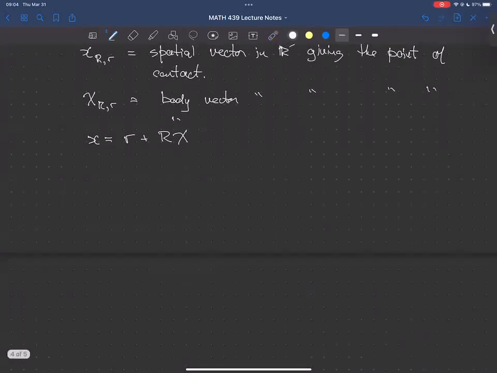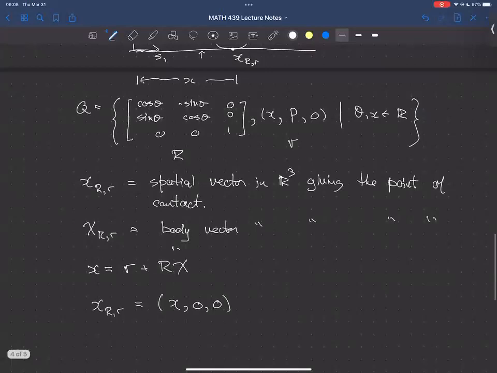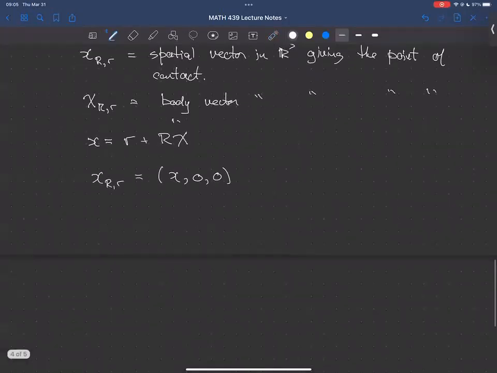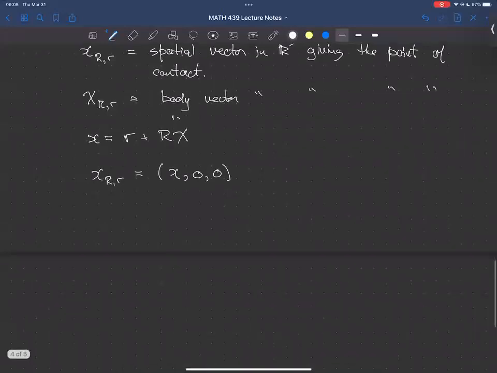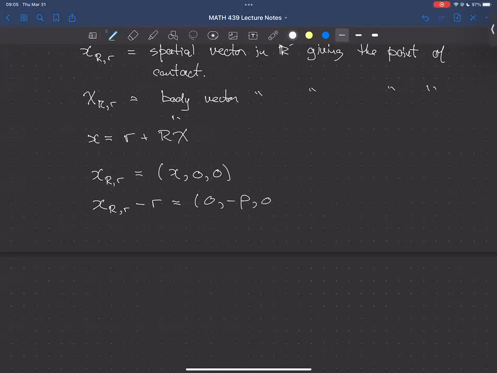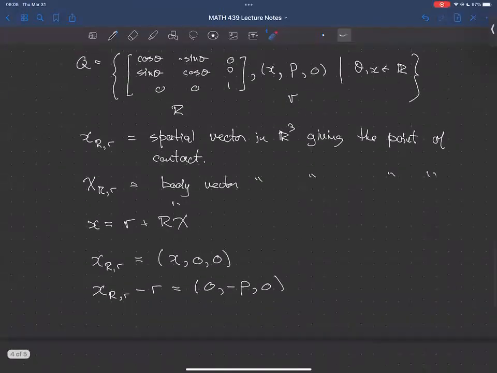I know that x_r is (x, 0, 0), where x is just the coordinate that describes the point in Q. And I therefore have that x_r minus r, which I'm interested in now, is equal to (0, minus rho, 0), exactly because r is equal to that.